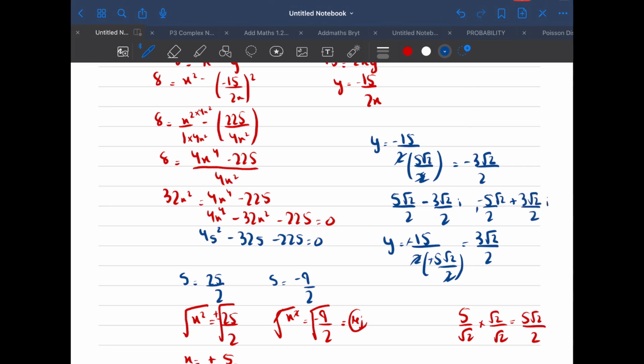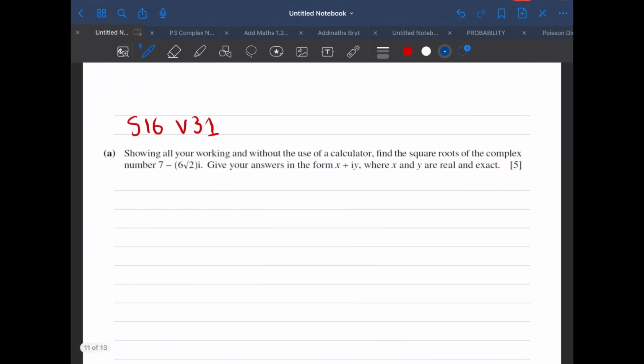That's how we solve square roots. Let's practice one more question on this. So how will I solve this, bacho? It's going to be under root 7 minus 6 under root 2 iota is equal to x plus iy. So I'm going to whole square this first.